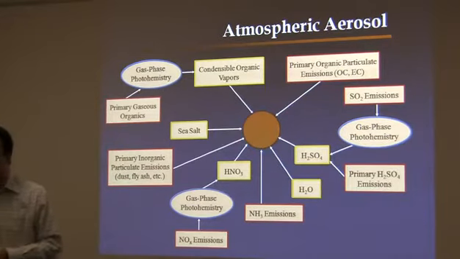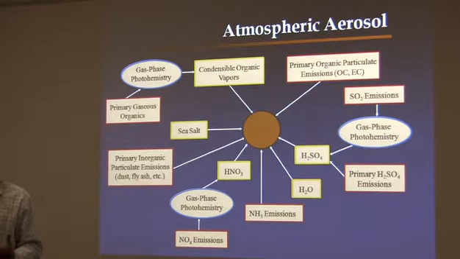Why are sulfates regulated so much in California, but nitrates aren't as much? Sulfates are easier to regulate. If you start regulating ammonia, this is basically cattle raising. These are farmers.